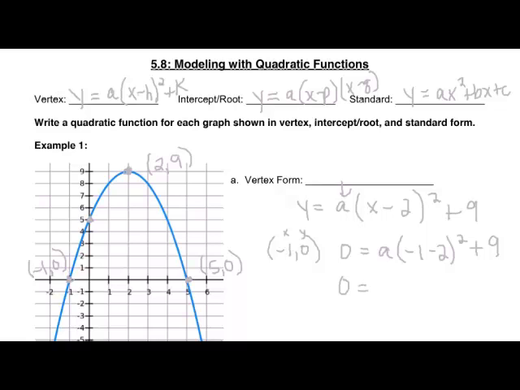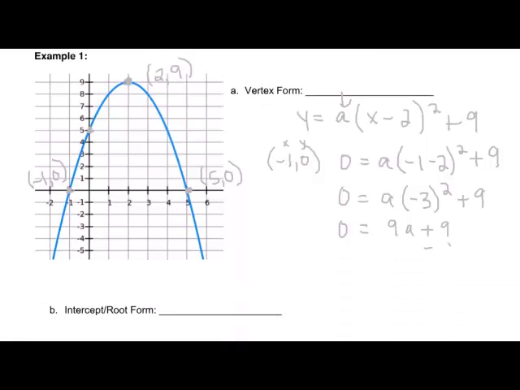So I have 0 equals a times (-3) squared plus 9. 0 equals -3 times -3 is 9, so this is 9a plus 9. I'm going to subtract 9 from both sides. Again, we're just solving for a. So -9 equals 9a. If we divide by 9, then a equals -1.